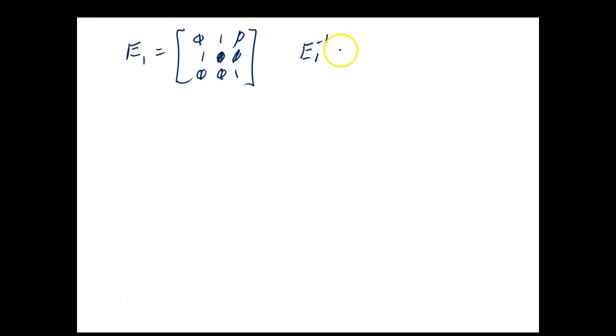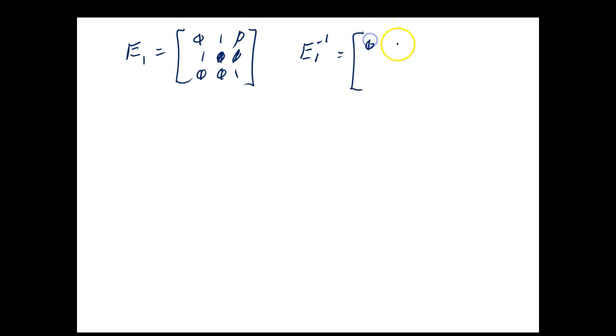All right. Here were the 3 elementary matrices we had before. E1 was 0, 1, 0, 1, 0, 0, 0, 0, 1. Now, what was its inverse matrix, E1 inverse? Amazingly, it's the same thing.